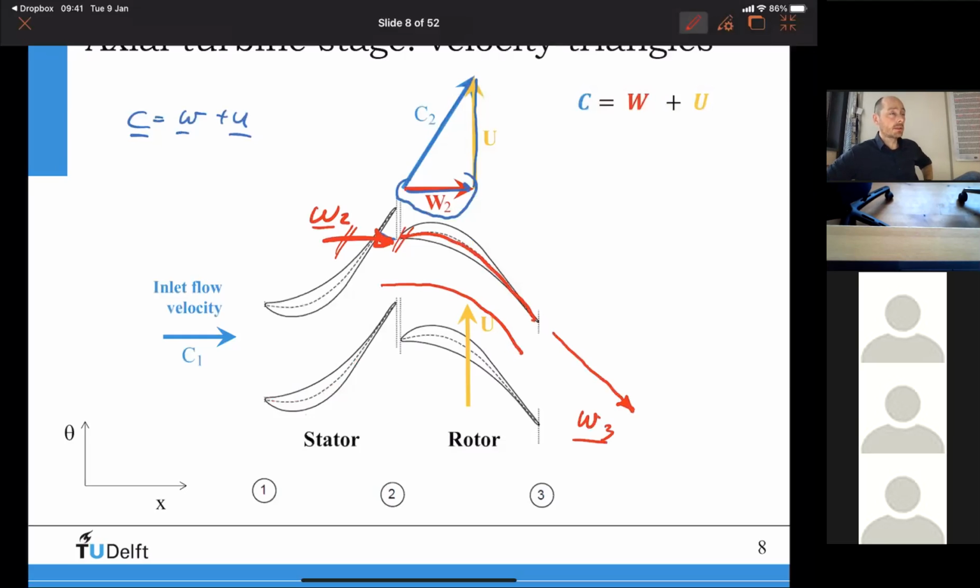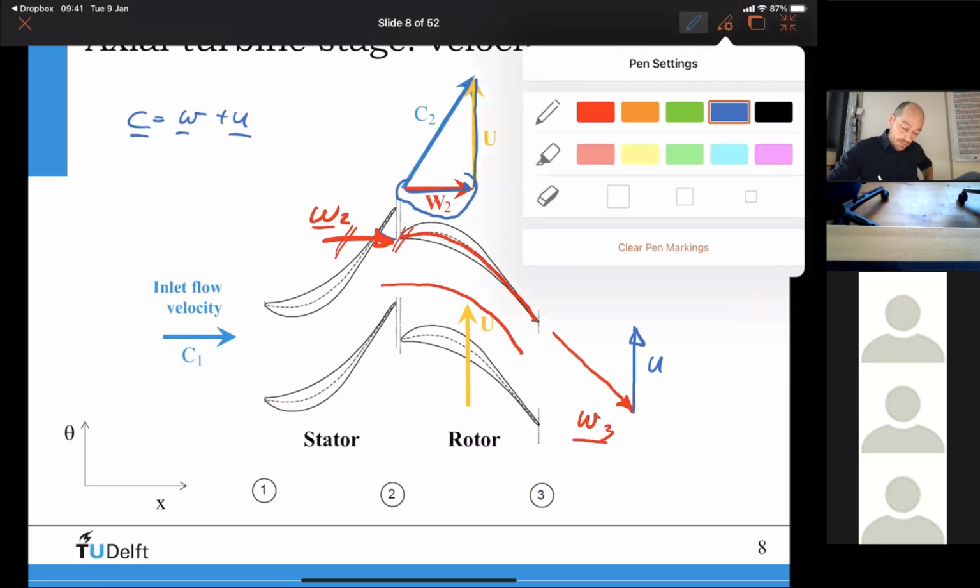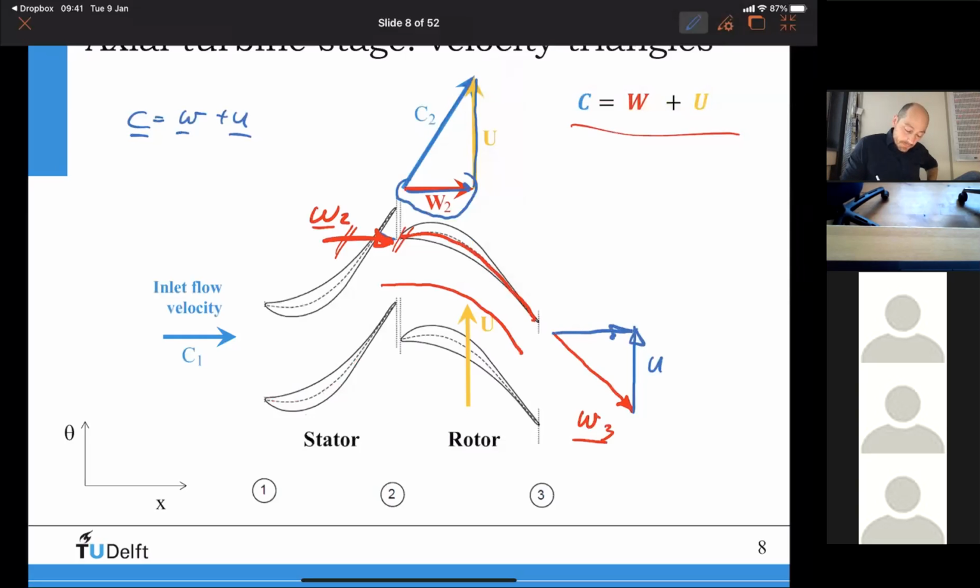And if there are no losses, the velocity should really follow the camber line or the blade angles, if the flow behaves like an inviscid medium. And then I use again my equation, W plus U, which is this blue U here. Now this is my U, and then I get my C3.